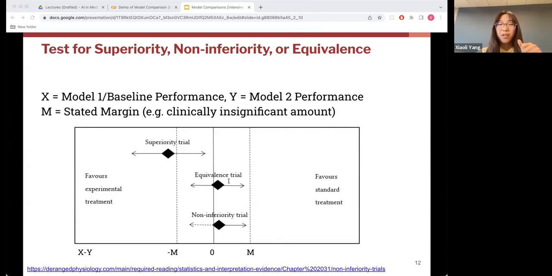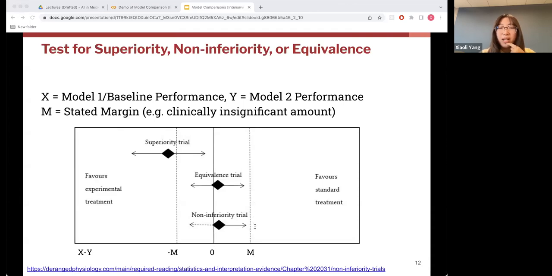If it falls between minus M and M, that means the difference between X and Y is constrained within this small region. If it is not, then they may not be similar enough. Similarly, the non-inferiority test is testing whether the value X minus Y falls in the area on the left of this positive M line.